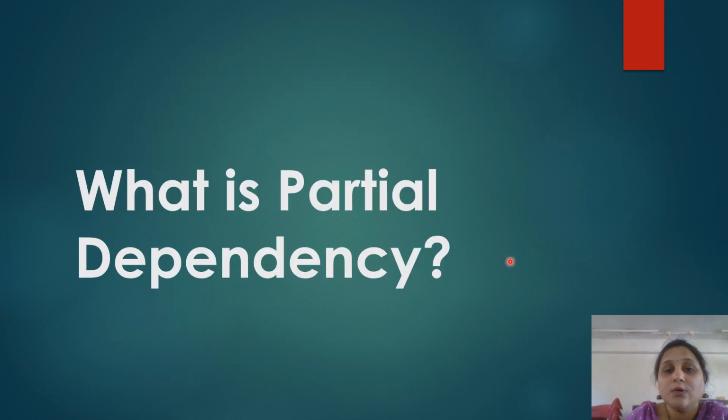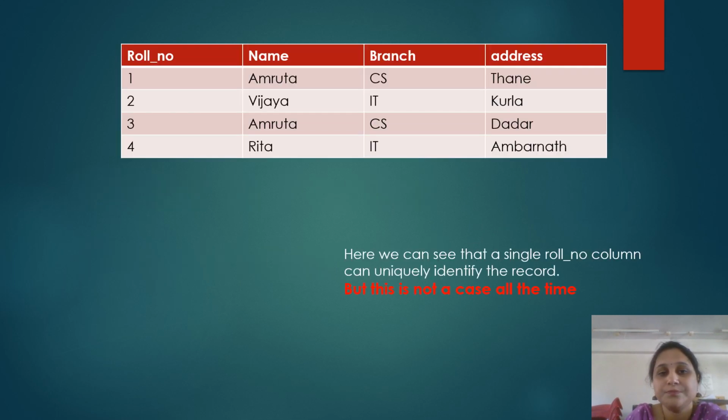Now, what is partial dependency? We have understood what dependency is: to fetch any record we require the roll number of the student. But what do we mean by partial dependency? That we will check now. Here the single roll number column uniquely identifies the record, but it will not always happen.